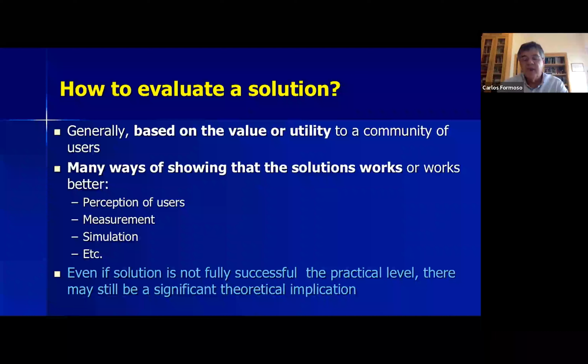As I mentioned before, sometimes you don't have time to fully develop the artifact, so you might do some kind of partial assessment, for instance, by using the perception of users, by using some kind of measurement, by using simulations, and so on, right?